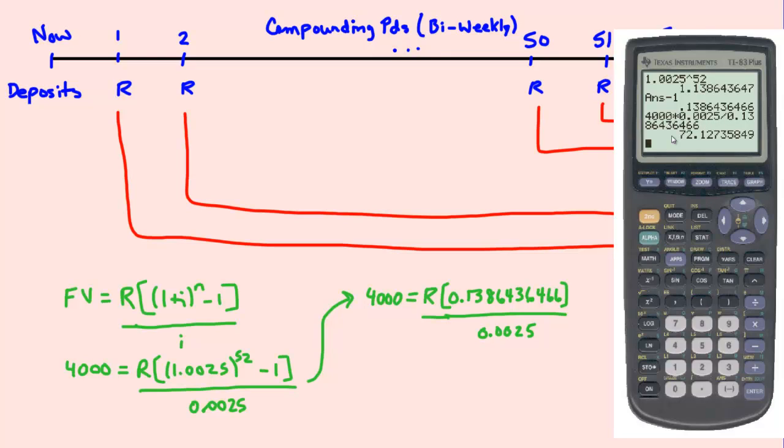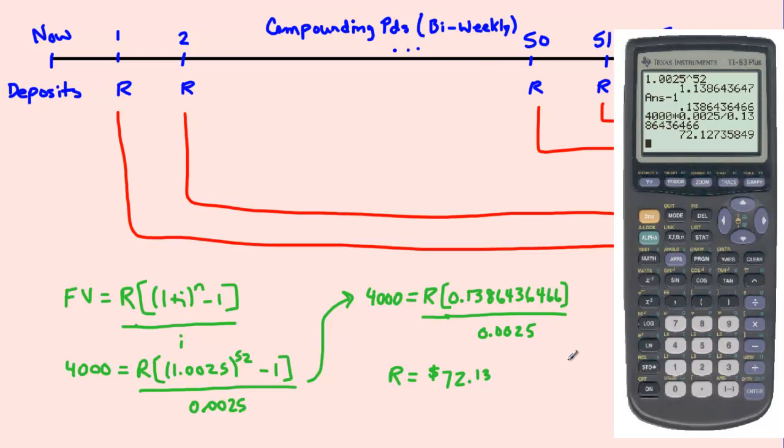And I end up with $72.13. And remember, what you just found was the regular deposit that Peach would need to make every other week in order to have $4,000 at the end of 2 years. So all she needs to put in every other week is $72.13.